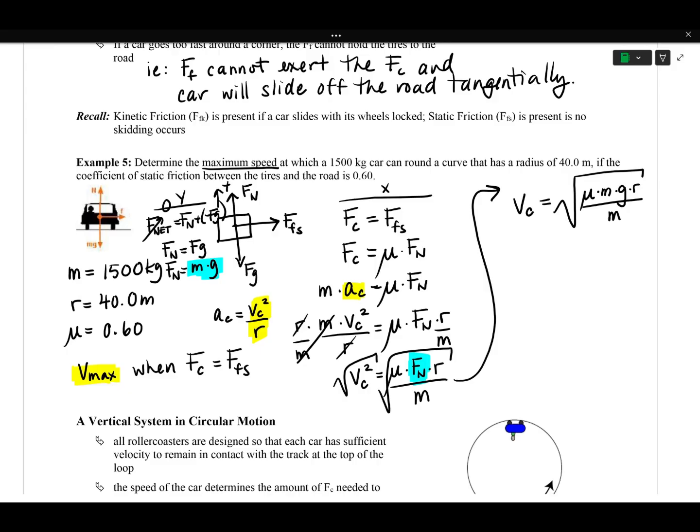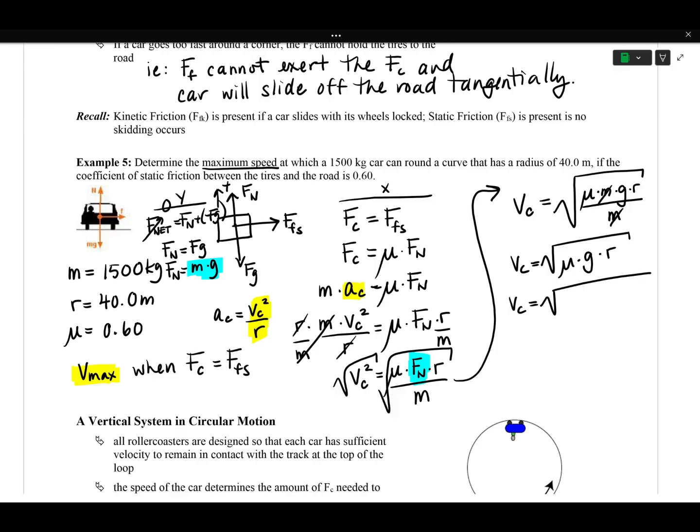Can we simplify this again? We can divide out our mass. So now v_c is going to be equal to the square root of the coefficient of friction times gravity times r.